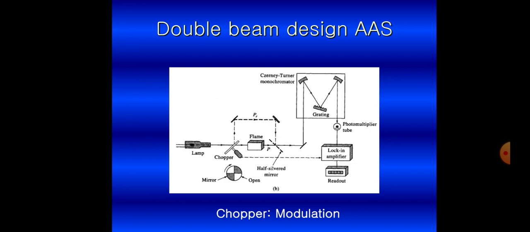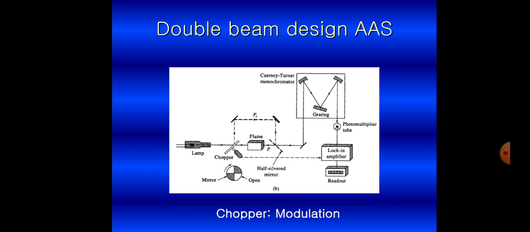Here you can see different parts of an atomic spectroscopy instrument. This is the double beam design of atomic absorption spectroscopy. On the left side, again, you see the lamp. Then we have a part that is called the chopper. A chopper is used to modulate the light of the lamp and change it from DC to AC.